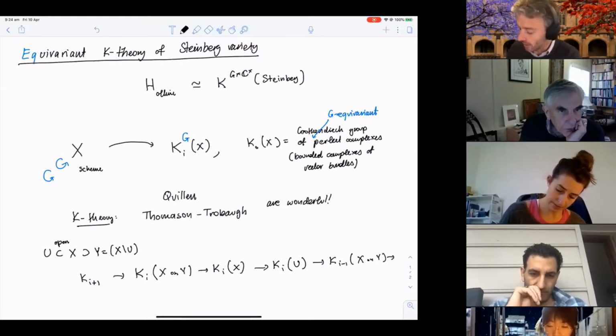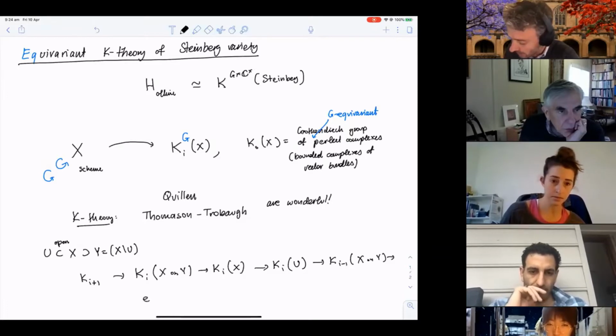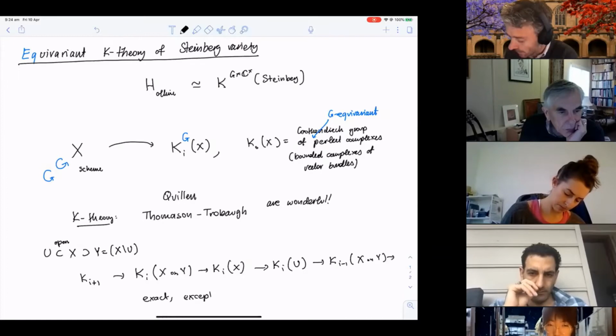And so this is an exact sequence, except that K0 of X to K0 of U might not be onto.